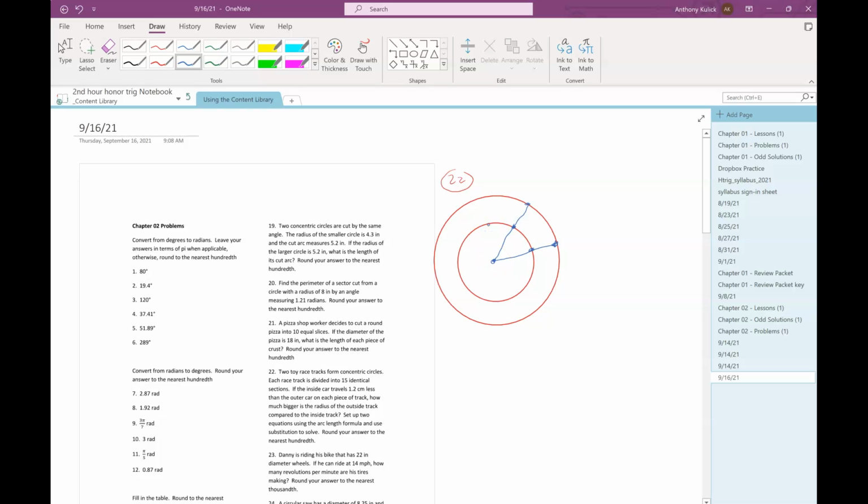Cool with that? Okay. If the inside car travels 1.2 centimeters less than the outer car on each piece of track, so I know S1 is equal to S2 minus 1.2.